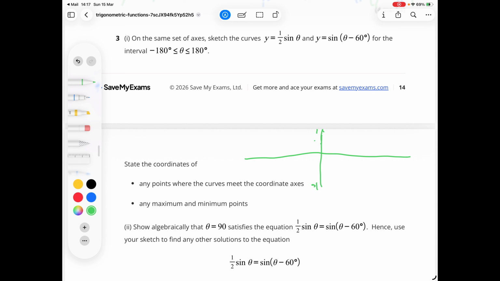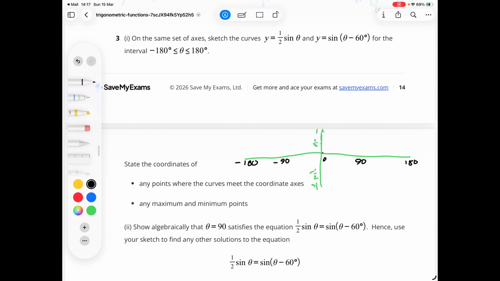But we know in this case it's a half for the first one and minus a half. I'm going to use black for this, and it's between 180 and, there we go, so that's 90, 180, 0, 90, 180, and those are minus, obviously.